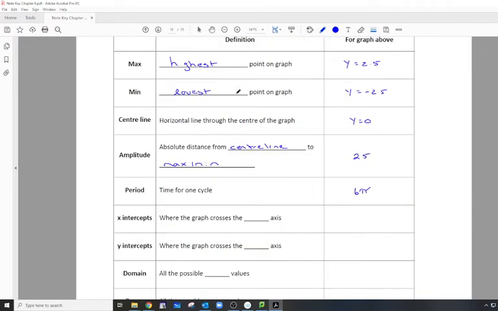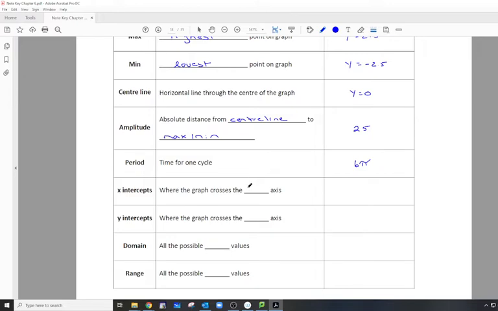It keeps going on forever. So an x-intercept is where the graph crosses the x-axis. That's where your y value equals 0. And for this graph, we can see that they happen at negative 9 pi, negative 6 pi, negative 3 pi, 0, 3 pi, 6 pi, 9 pi, and so on.